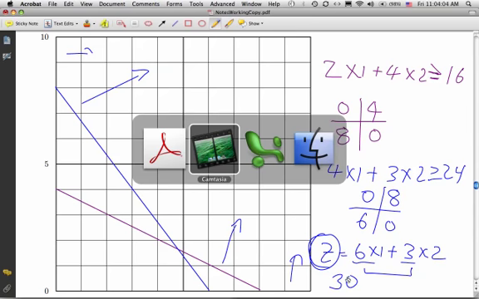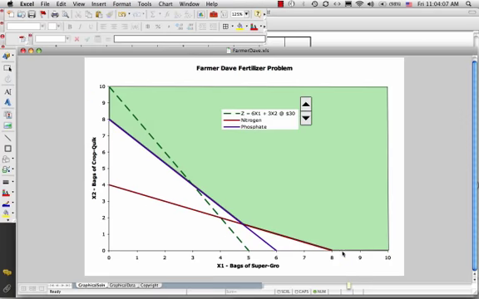And as we saw with the Excel demonstration, when we had a cost of $30, our objective function line was here. It intersects at x2 equals 10 and x1 equals 5.